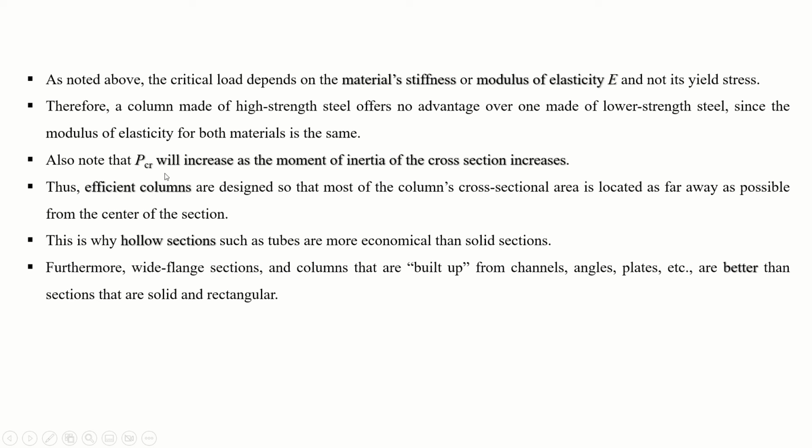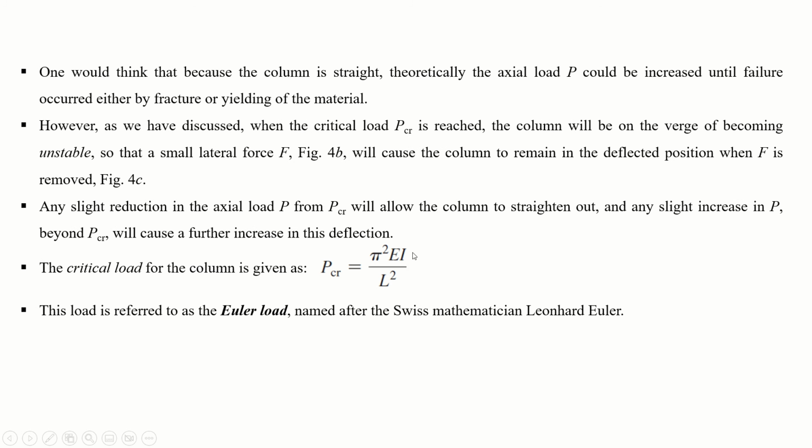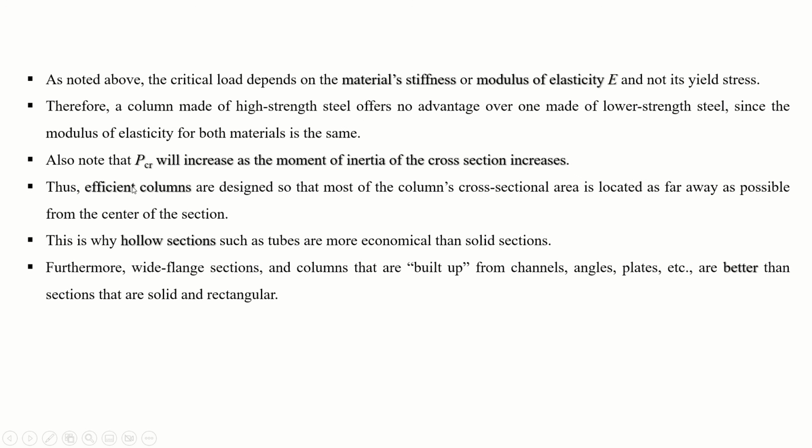Also note that P critical will increase as the moment of inertia of the cross section increases, because both are directly proportional. Thus, efficient columns are designed so that most of the column's cross-sectional area is located as far away as possible from the center of the section.